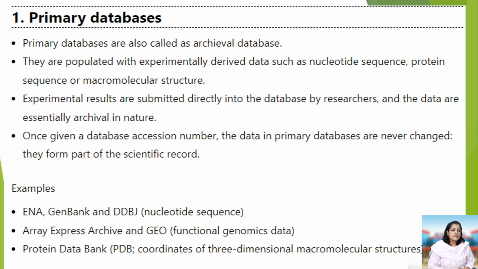The data are essentially archival in nature, so we can access the data. Once given a database accession number, the data in a primary database are never changed. They form part of the scientific record. Examples are ENA, GenBank, DDBJ, ArrayExpress Archive and GEO, and the Protein Data Bank, that is PDB.